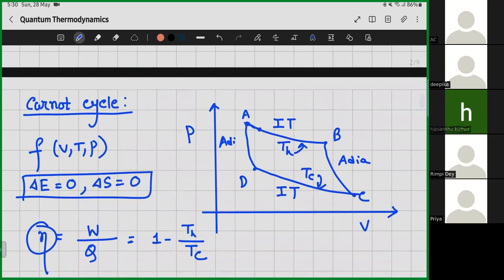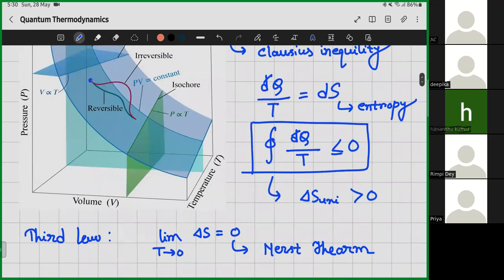If it goes through the reversible path, that means each and every point on this path is an equilibrium point. Equilibrium point means that it will not evolve with time. That is the definition of an equilibrium state. There is no change with time. That's why I said it should be called thermostatics. But though we are talking about a process, for a process the equilibrium state should change, and this is a contradictory statement. Equilibrium state means it should not change with time.